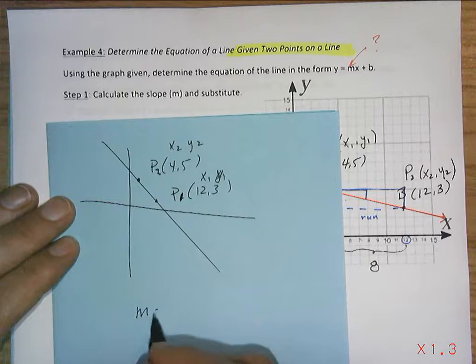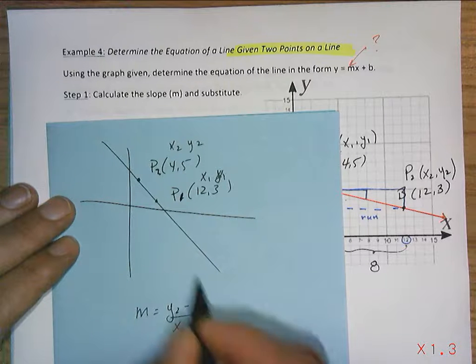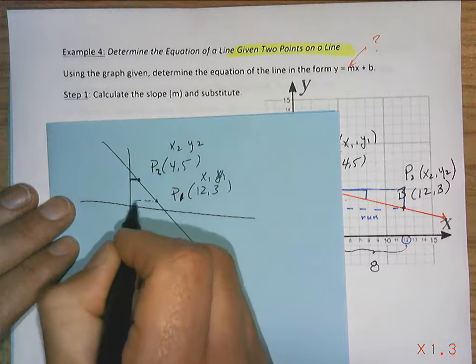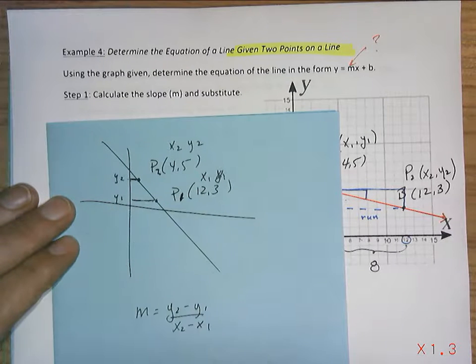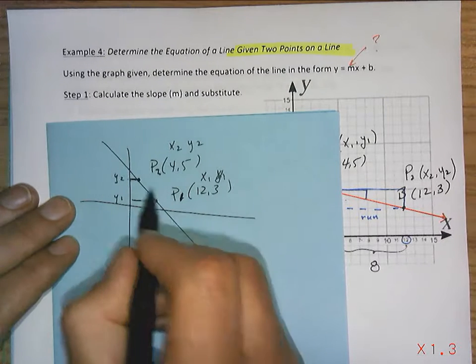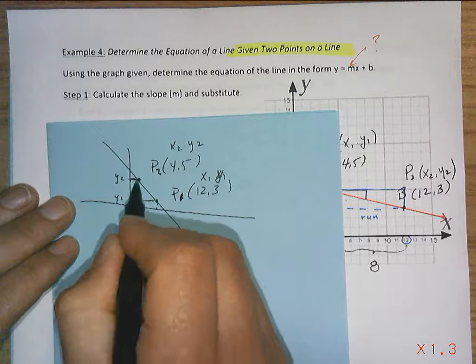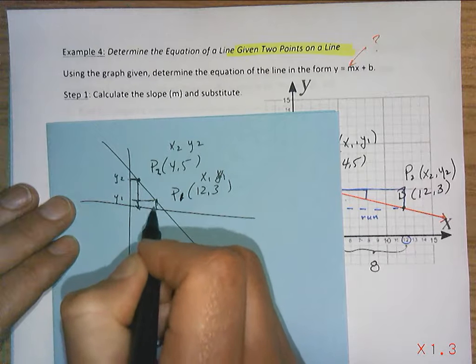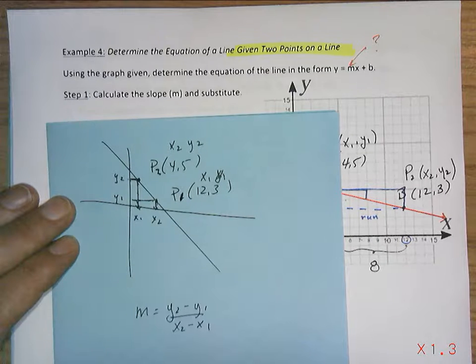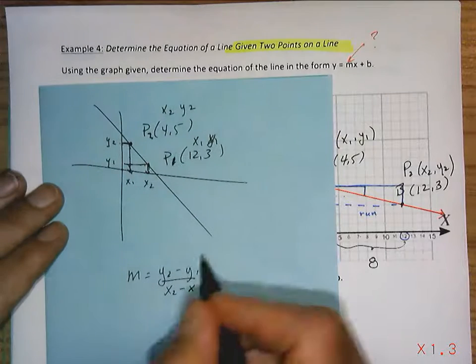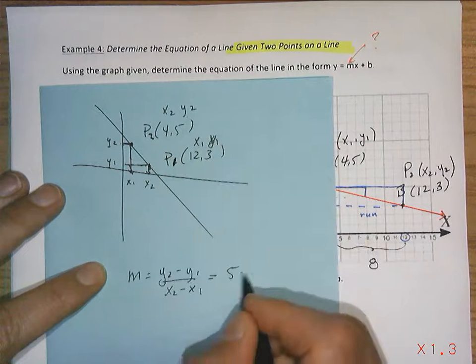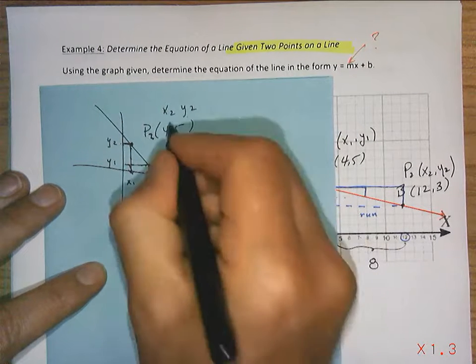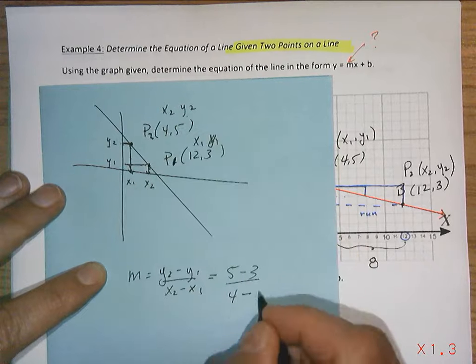So for our slope formula, which is y2 minus y1 over x2 minus x1, let's think about why that is for a minute. For your rise, it's the change in the y value. And for your run, that's the change in your x values. So in this case, it would be y2, which is 5, minus y1, which is 3, and it would be x2, which is 4, minus 12.